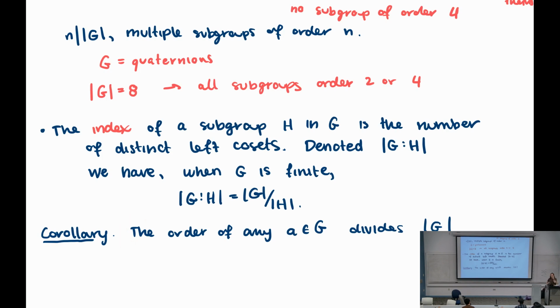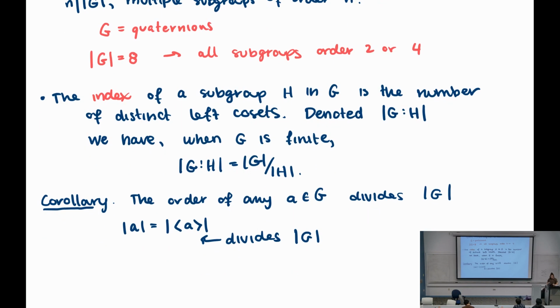How does that relate to the order of A? Yeah, so we know that the order of an element is equal to the order of the subgroup generated by that element, and we know by Lagrange's theorem that this divides the order of G. So taking H to be equal to the subgroup generated by A.